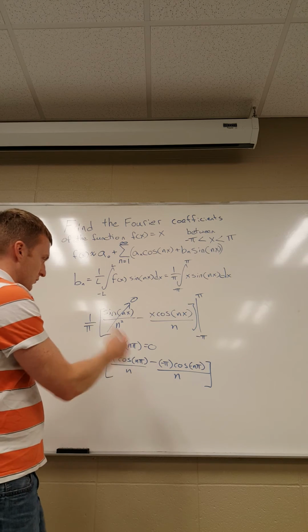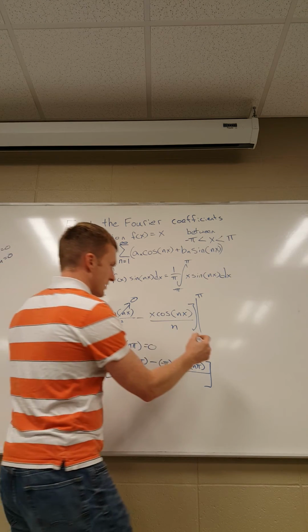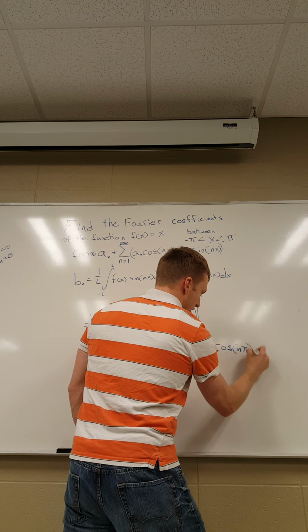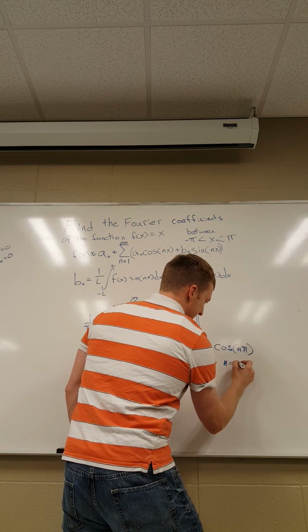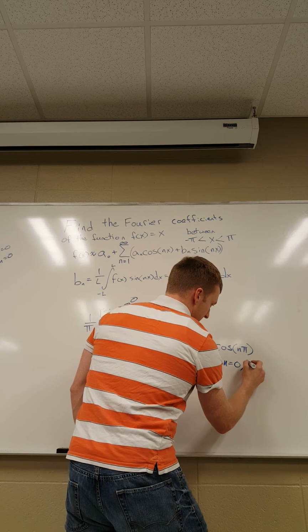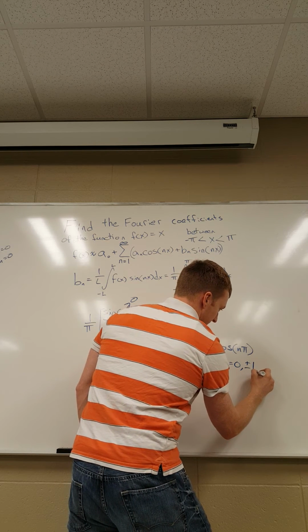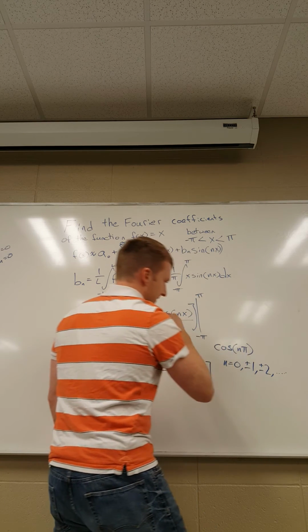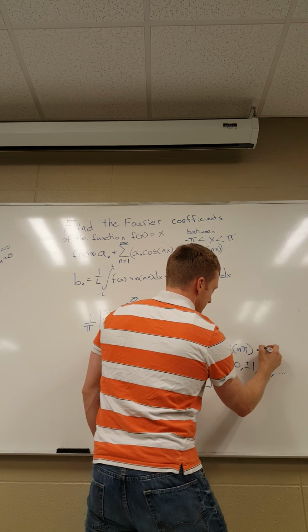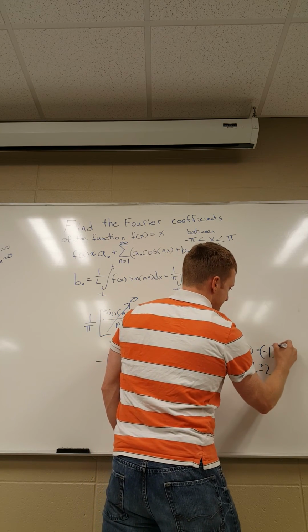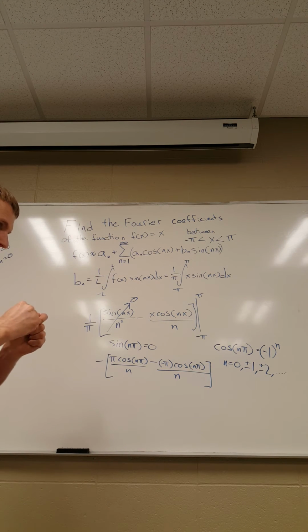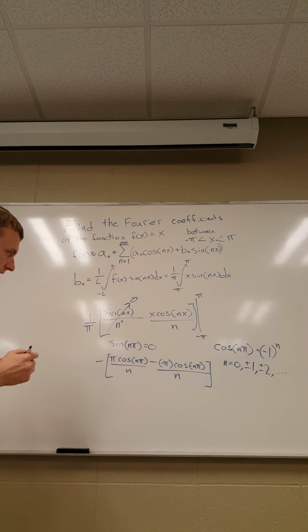And we can easily say that cosine n pi, where n is equal to any number, 0, plus or minus 1, plus or minus 2, and so on, is equal to negative 1 raised to the n power.